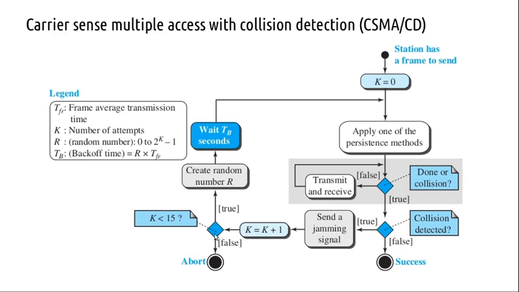Your k is incremented, and all these nodes will withdraw from transmission for a random time. R is chosen in this range, so you will wait for TB time, that is R times TFR, the average frame time.